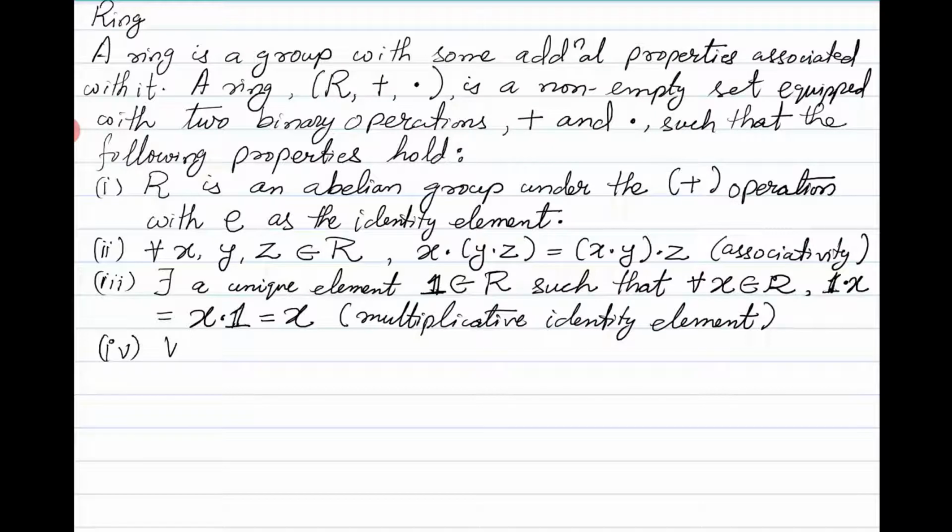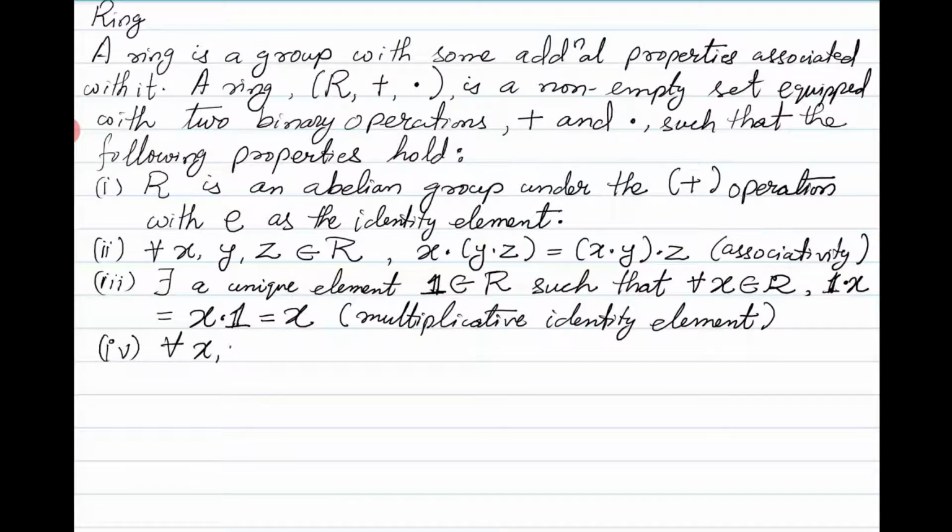So the first property that you saw is with respect to the plus operation. Then in addition to this, there are two more properties which are on the dot operation. The fourth property is associated with both the plus and the dot operation.